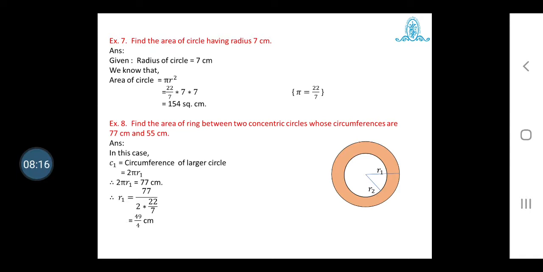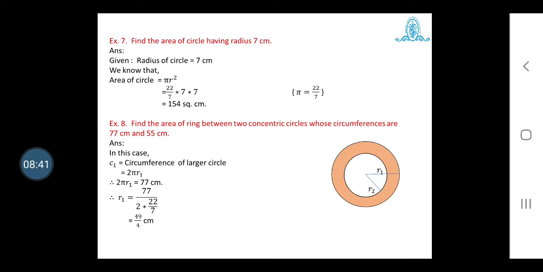Now, we will continue with the next. Find the area of ring between two concentric circles whose circumferences are 77 centimeter and 55 centimeter. In this example, circumferences are given and we have to find area of ring between two concentric circles.